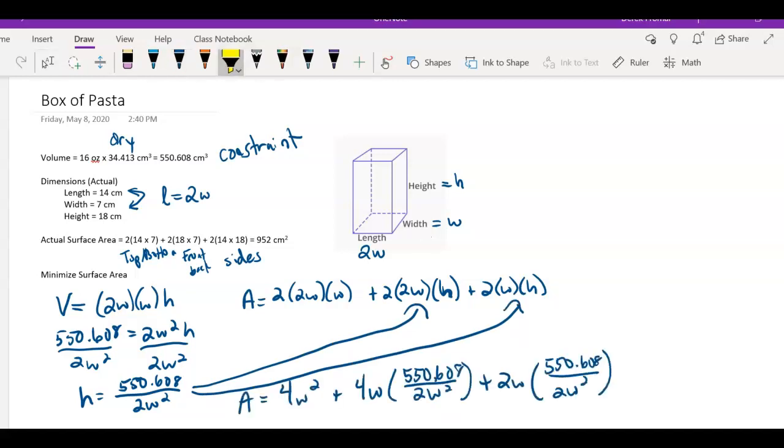So you can see that I've replaced H in both the second and the third part of my area formula with the expression that H is equal to. Now I can simplify now or wait. I'm going to wait for another step before I simplify, because if I notice, these two terms are really the same, and so I'm actually going to be able to combine them.